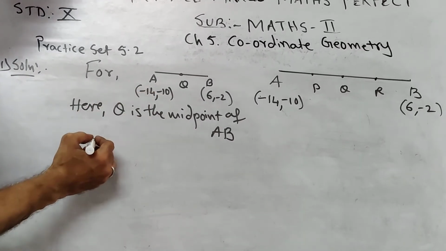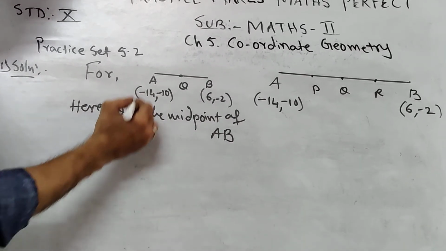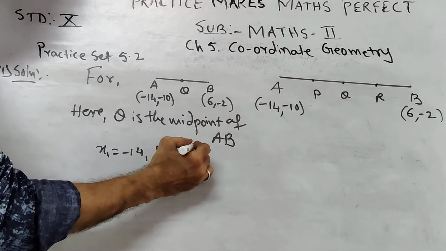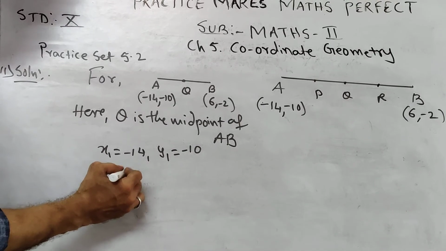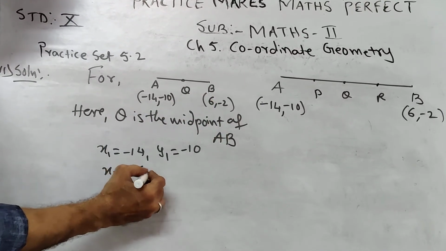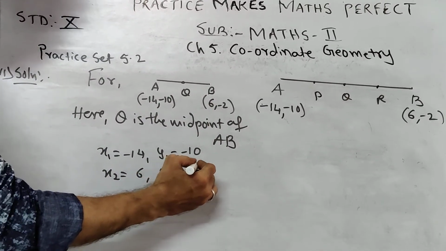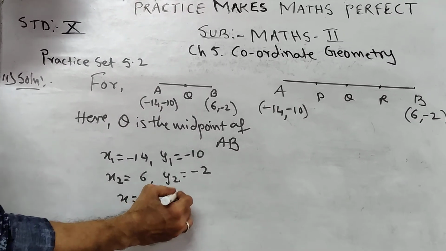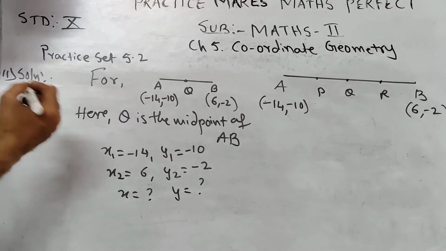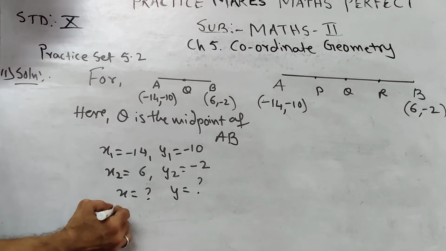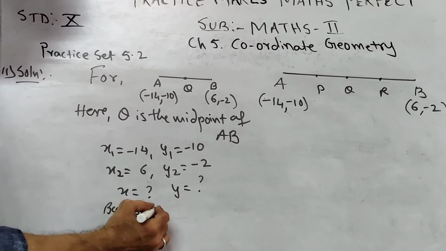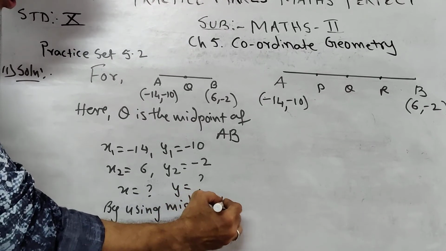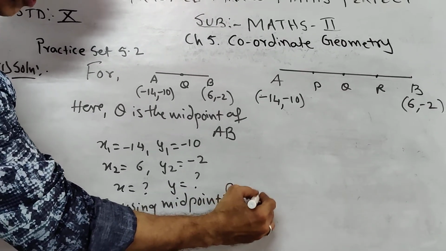So x1 is -14, y1 is -10, x2 is 6, y2 is -2, and you have to find x and y for Q by using the midpoint formula. All of you know the midpoint formula, right?